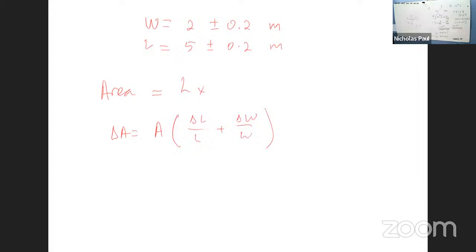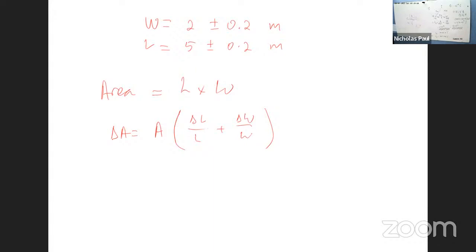So you work out the area, and multiply the area by the sum of the fractional errors. Okay with that? So let me show you how we do that here. I'll let you all write it down, right?